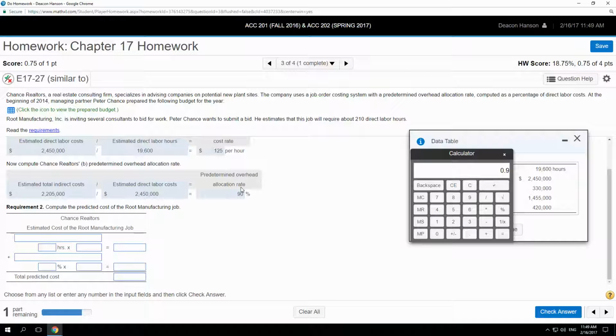It's just that we cannot trace it directly to each job. So what we have to do is give each job some of that overhead cost when we're costing out the jobs. And the way that this formula is set up, the jobs that have more direct labor cost are going to end up with more of that overhead. They're going to take on more of the overhead.